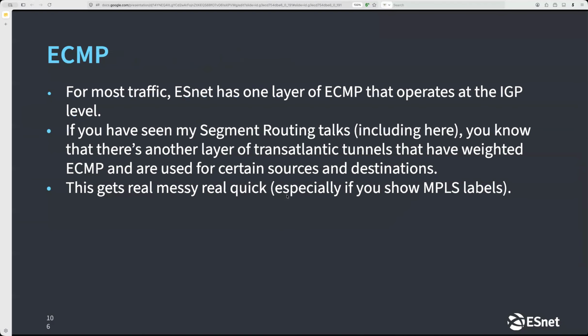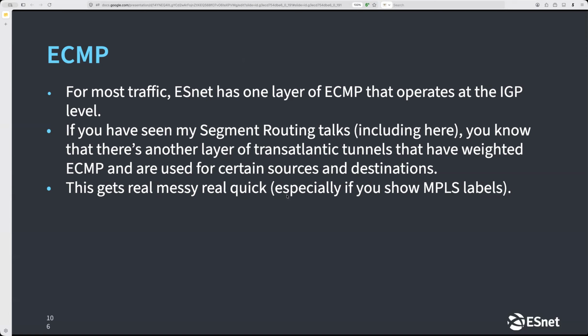Another example of that. This is where we have to make inferences that aren't necessarily based on what traceroute is telling us. Speaking of ECMP, ECMP is one of the hardest things to figure out in using traceroute. And there are a number of innovations that have been made that allow you to do better ECMP inference, better ECMP understanding. But it also gets really messy. Now, in the case of ESnet, if you've seen some of my other presentations, you've seen that I have done some segment routing stuff that involves some parallel tunnels that do traffic engineering for transatlantic traffic from certain locations to certain other locations.